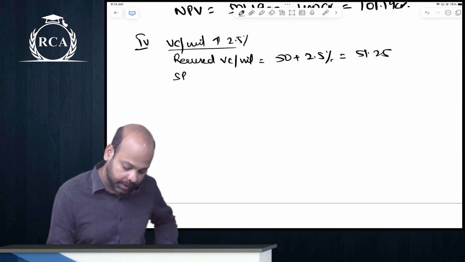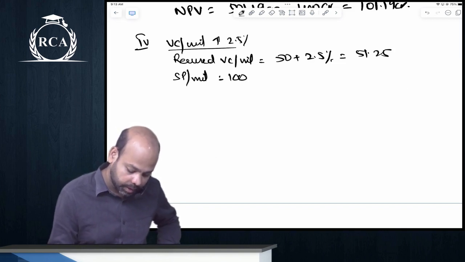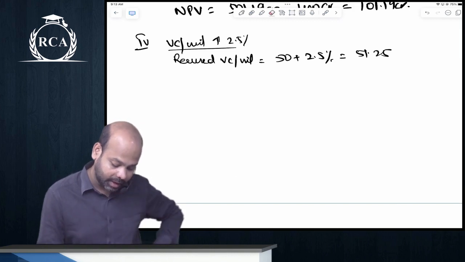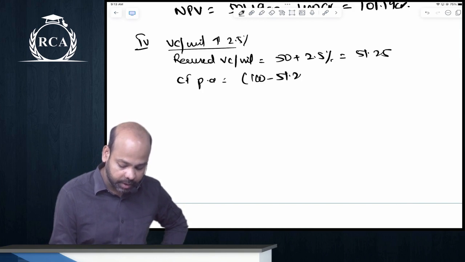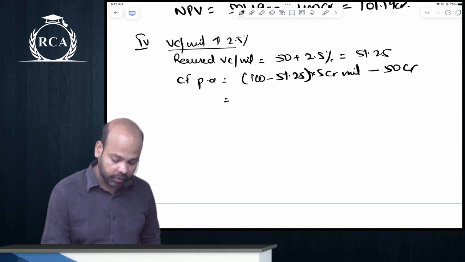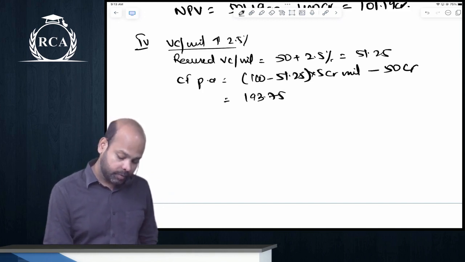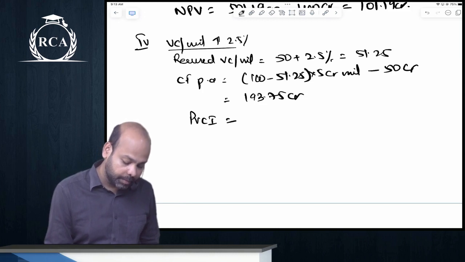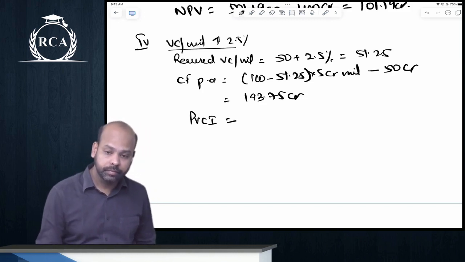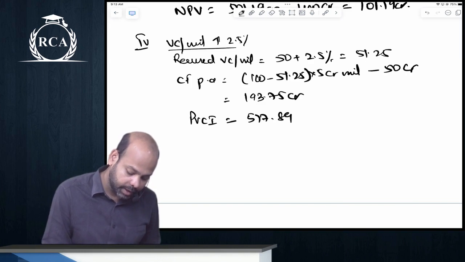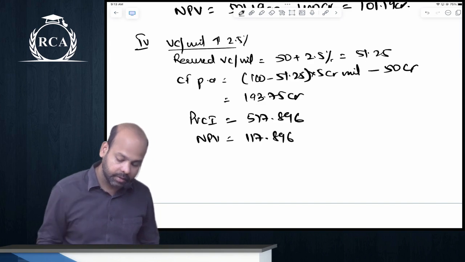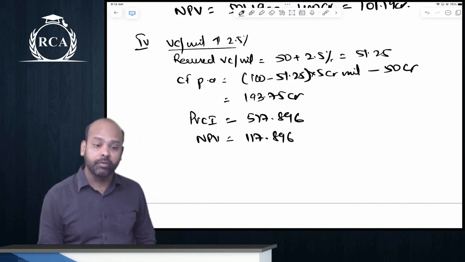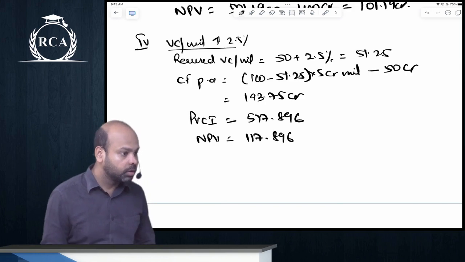You already know your selling price per unit beta is how much? 100. अच्छा ये क्यों लिख रहा हूँ यार, डायरेक्टली लिखता हूँ ना. कैश फ्लो कितना हो जाएगा बेटा? 100 rupees minus 51.25 multiplied by 5 crore units minus a fixed cost of 50 crores. 193.75 crores. Here you will get PVCI as 517.896. Therefore NPV beta will be 117.896. Initial investment is constant at 400 crores. Did you all get this also?